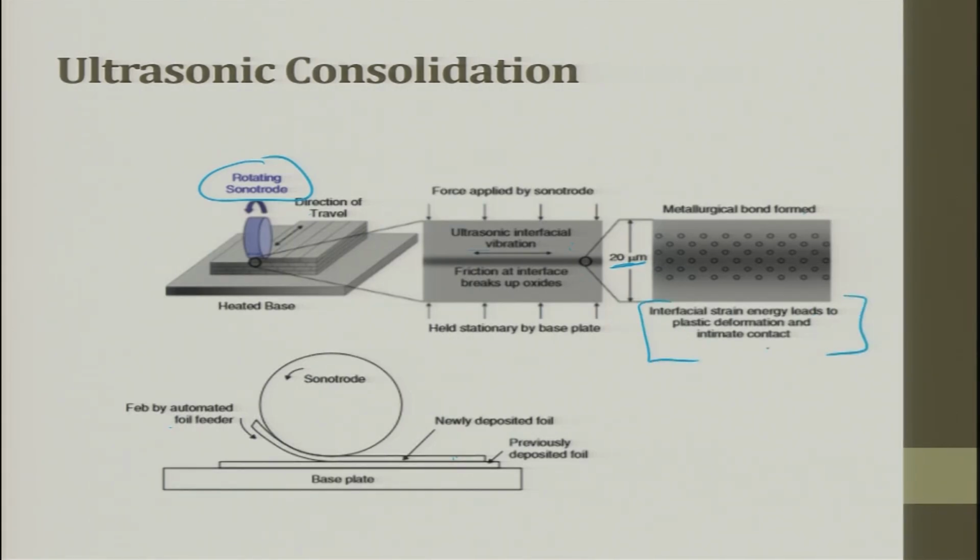This is the reason for metallurgical bonding. So, the interfacial strain energies lead to plastic deformation and intimate contact between these two.